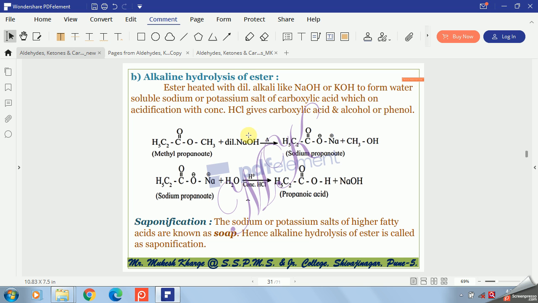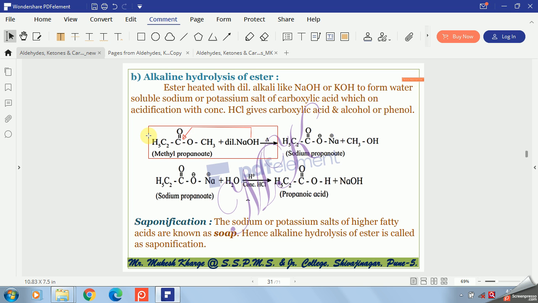carbonyl carbon. Okay, so you can write OH will attack on carbonyl carbon, like this.